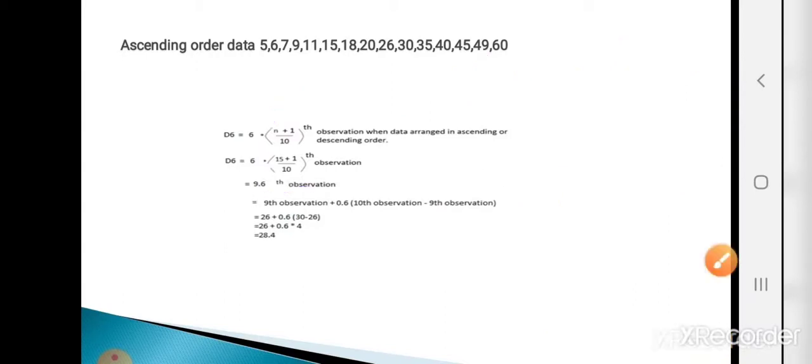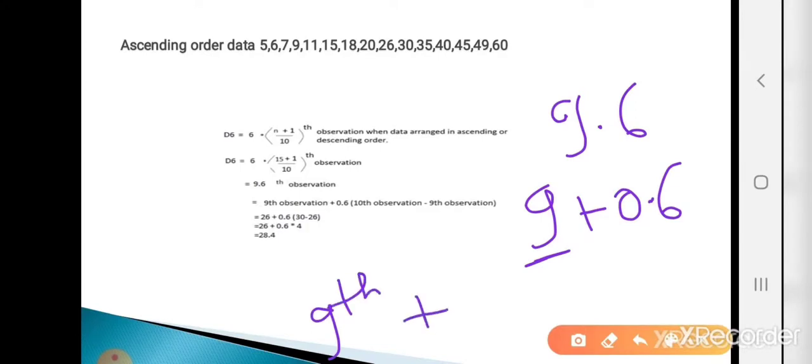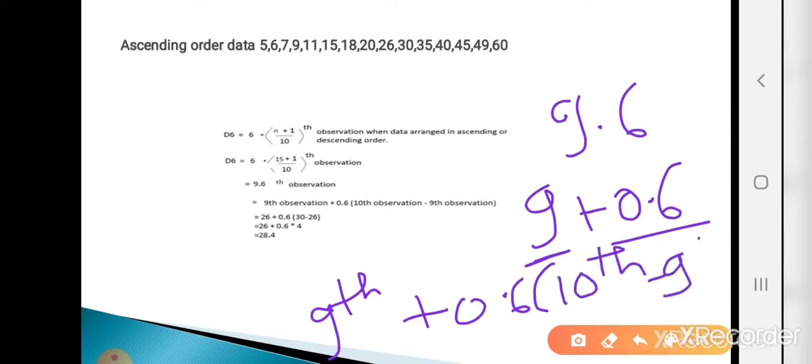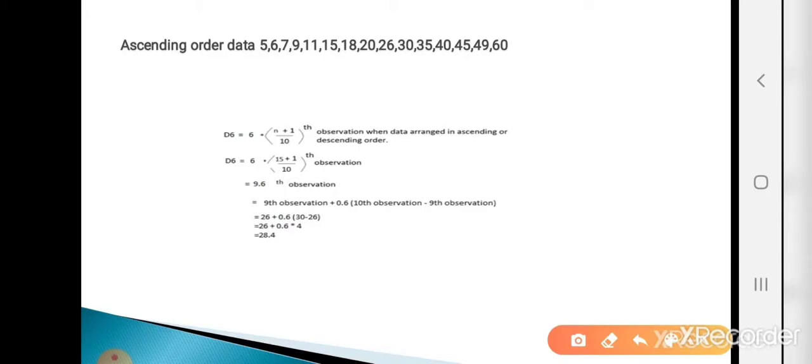Okay, so how to find the 9.6th observation? The 9.6 value is written as 9 plus 0.6. So the first digit is 9: the 9th observation plus the remaining part 0.6 in brackets. After the 9th observation there is the 10th observation. So 10th minus the previous observation, that is 9th. Now just plug the values of the 10th and 9th observations in the formula. Which one is the 9th observation in the given series of data? The 9th observation is 26.